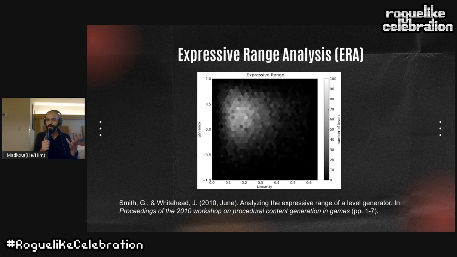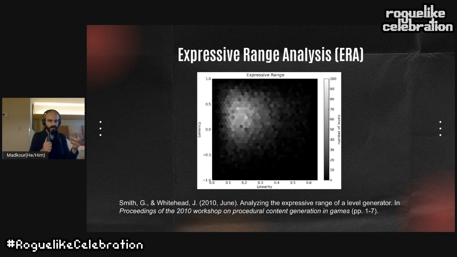In this case, Mario levels. Academic PCG researchers love Mario, so you have it generate a bunch of Mario levels, and then you have some sort of function that evaluates your content. We're not going to go into the specifics of these functions right now because they're heavily game dependent, and we'll talk a little bit more about what these metrics are, and maybe ways to think about coming up with them.